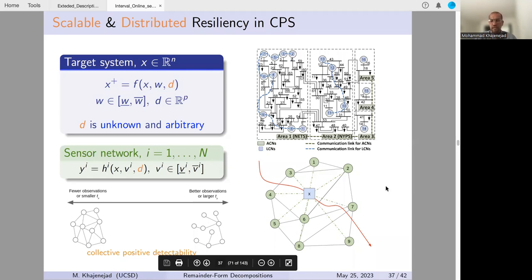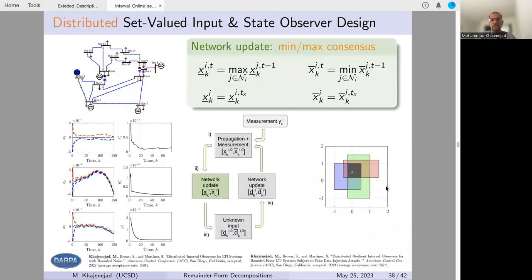And then here we were able to introduce this notion of min-max consensus, which is a counterpart of average consensus, through this additional new network update step. Basically, each agent shares their estimates with their local neighbors and takes the intersection of them.